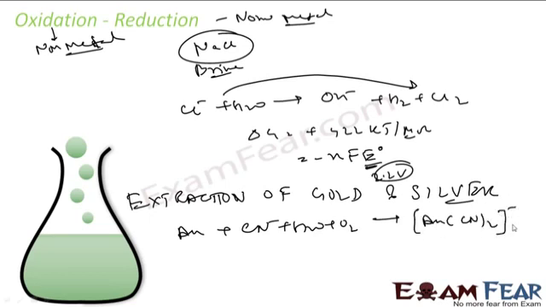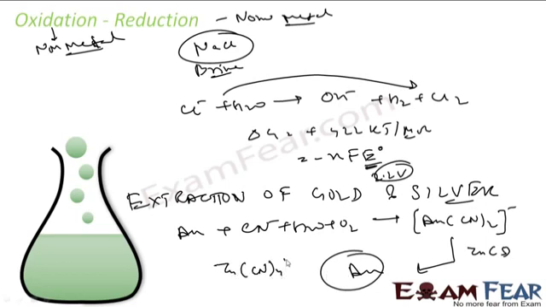Right? This is the leach. Now we have to use some reducing agent. With this you get gold back, and what you get is Zn(CN)4 2 minus. So here, we are using some reduction and some oxidation also. We are using both oxidation and reduction in this process also.